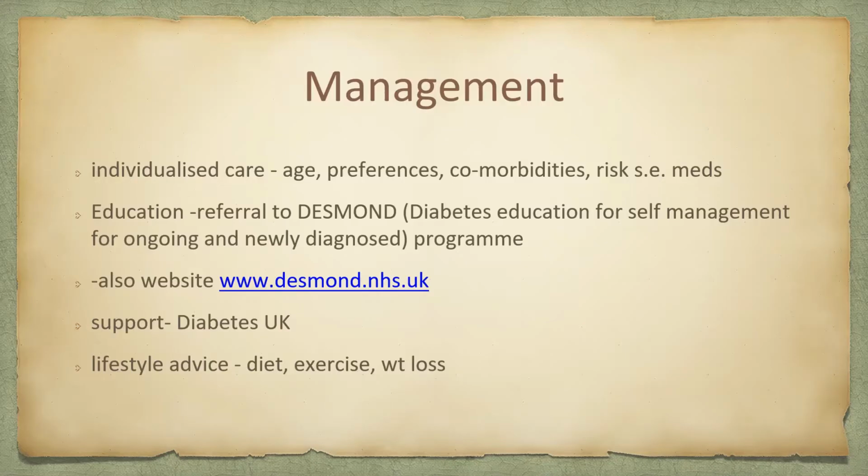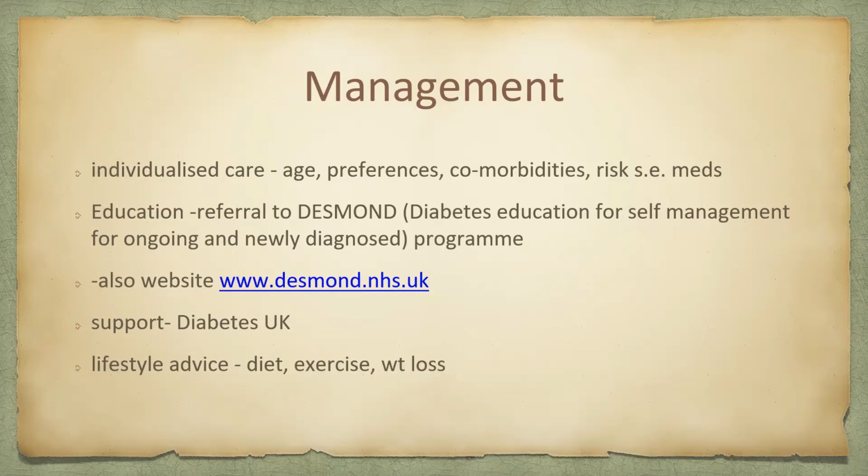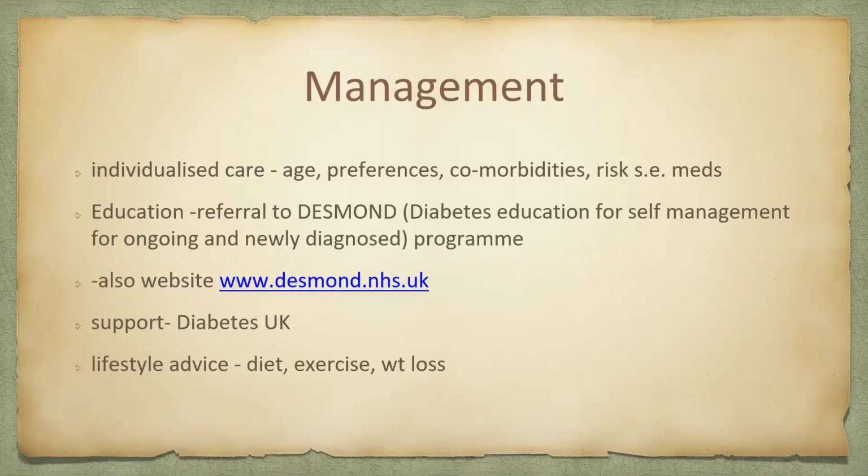We can direct them to the website www.desmond.nhs.uk. Also, we need to let them and their carers know about their support network on the Diabetes UK website. Highlight the importance of lifestyle advice such as diet, exercise, and weight loss, because lifestyle advice alone can reduce the risk of developing diabetes by about 50%.